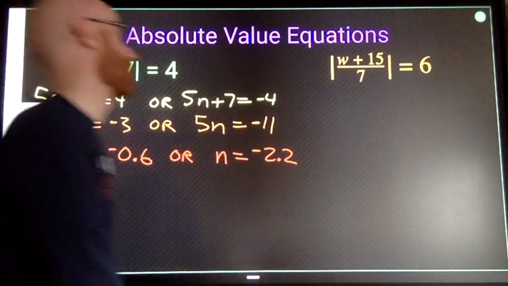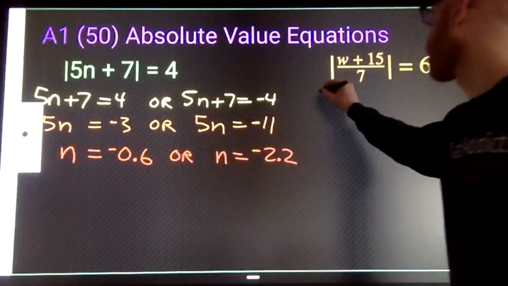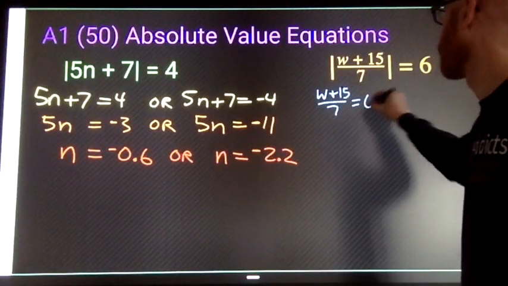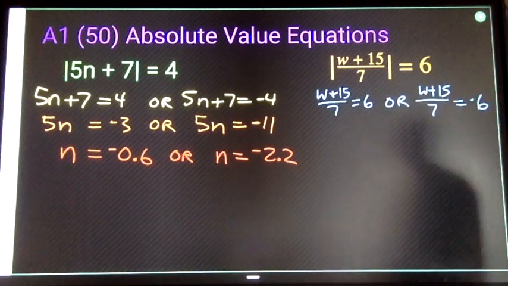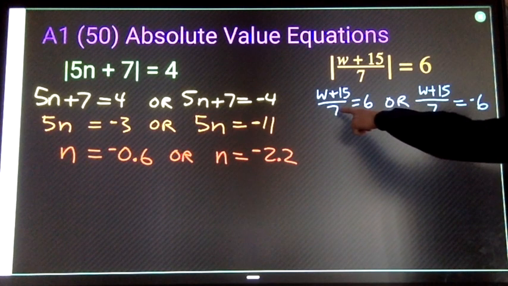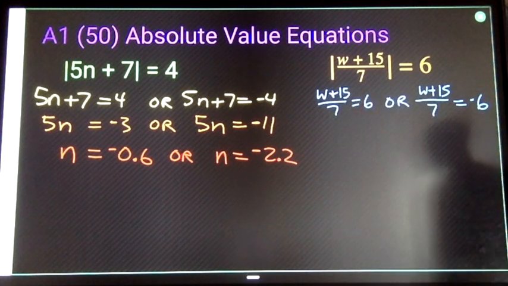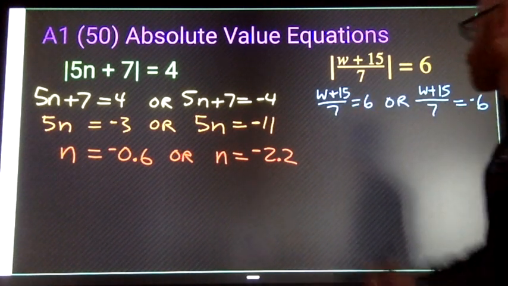This one over here, we're going to multiply by 7, subtract 15, both sides, right?